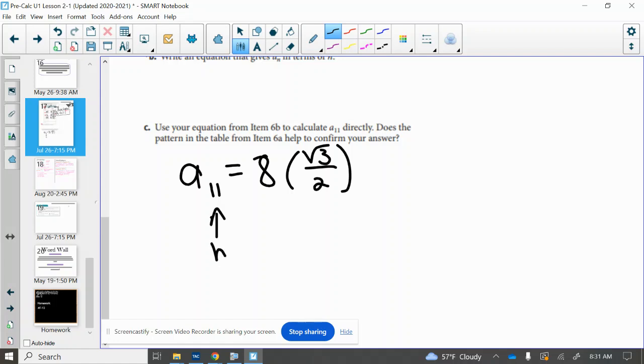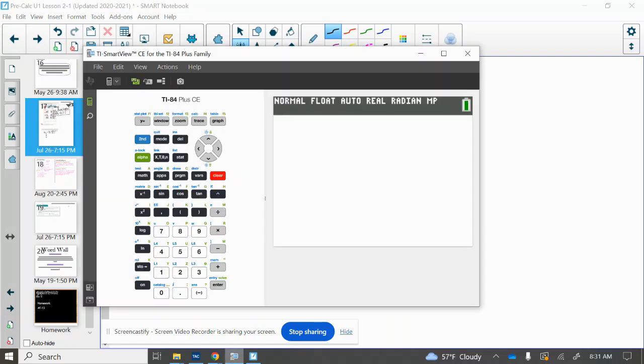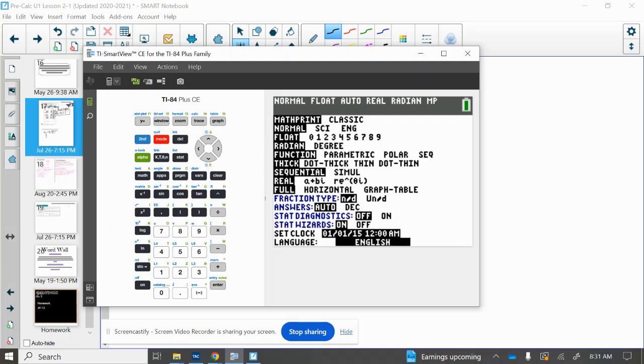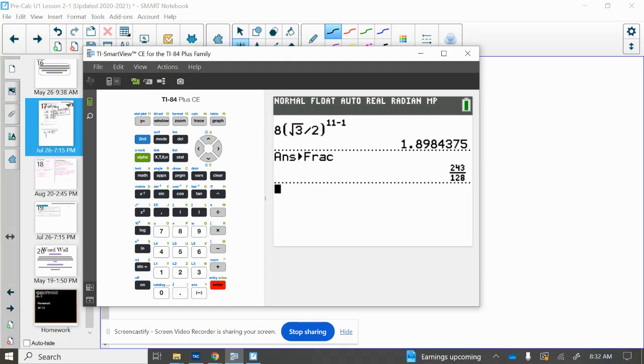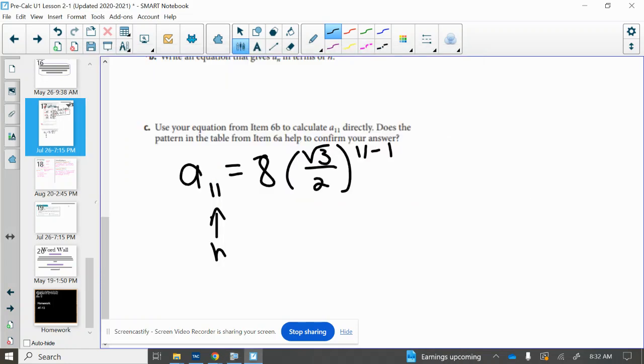My n this time is 11, minus 1. And I'm going to, back in Math Print, take 8 times the square root of 3 over 2. Make sure you use parentheses here. To the 11 minus 1 power, or you could have just typed to the 10th, and we get about 1.89, or if we turn this into a fraction, 243 over 128.